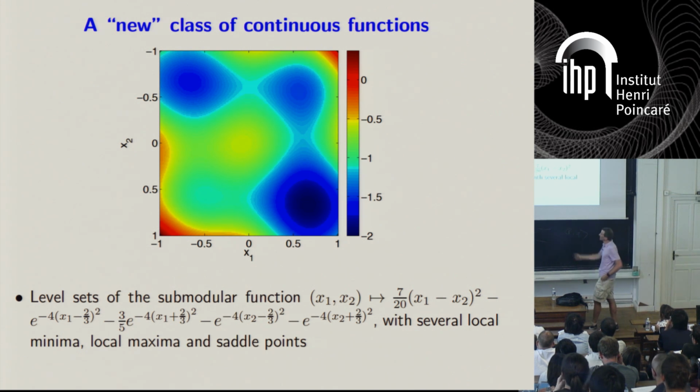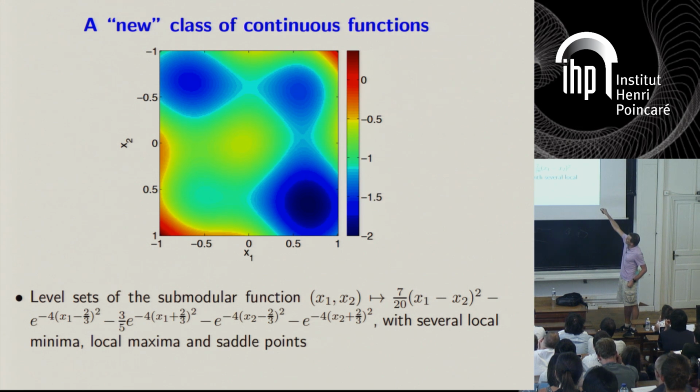You can see that that function may look quite difficult, because if you look at the local behavior, you have some local maxima, some stationary points, some local minima, and you have a global minimum. If I give you that function and tell you that I can minimize it very easily, you would be surprised.